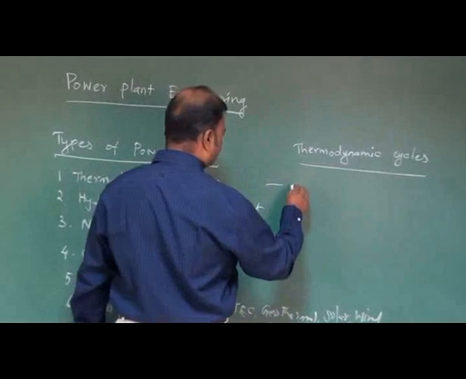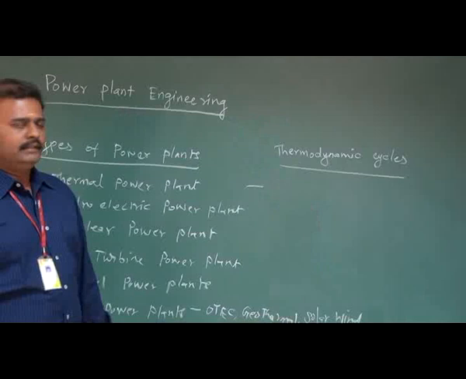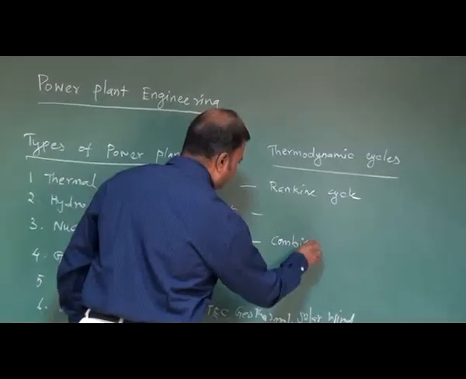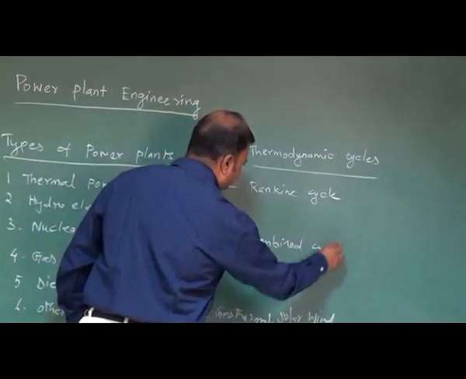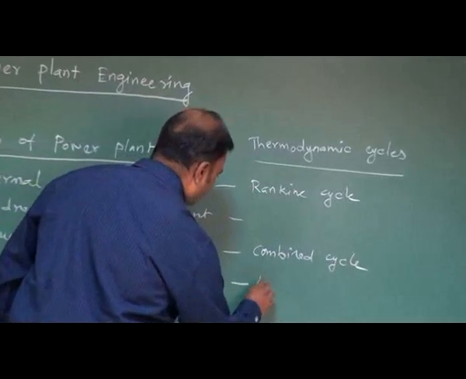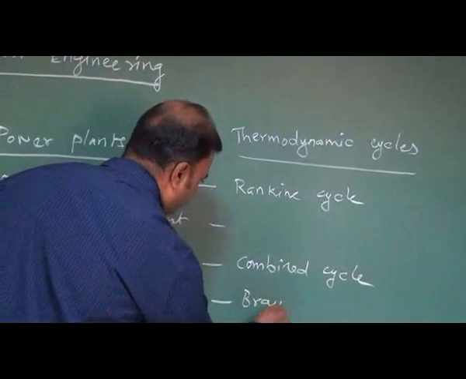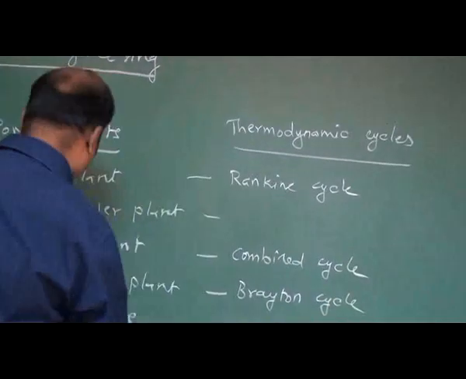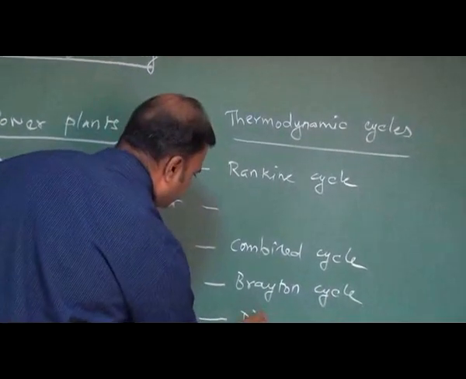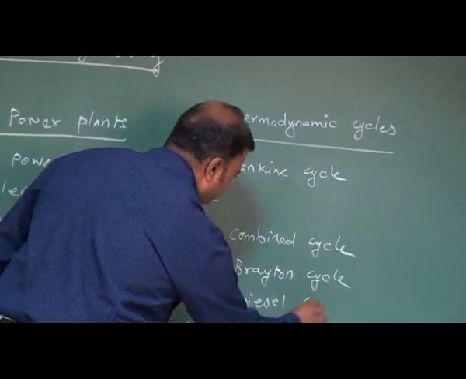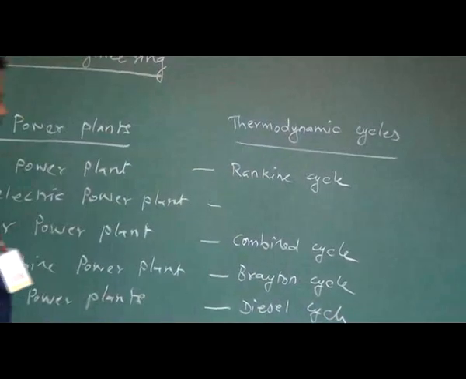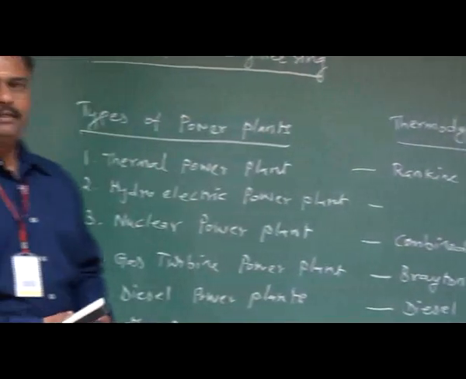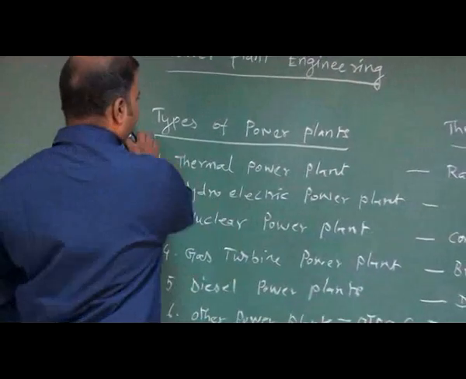For nuclear power plant, it is a combined cycle. For gas turbine power plant, Brayton cycle. For diesel power plant, diesel cycle. So now we are going to see the power plants one by one.